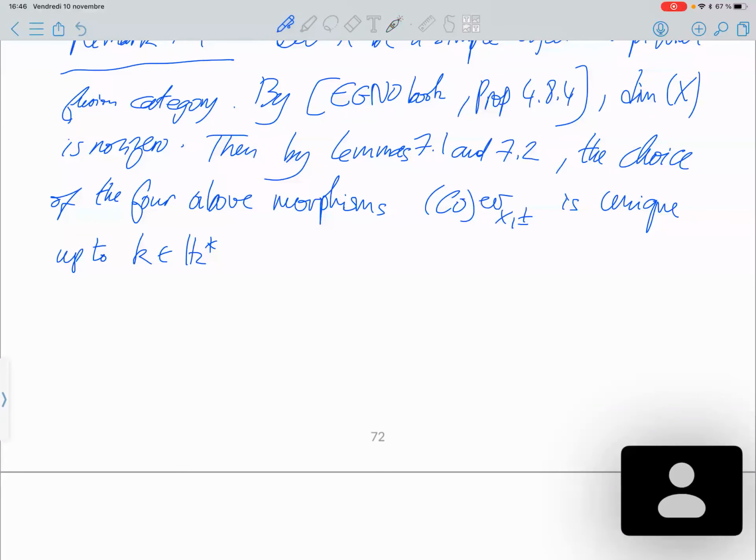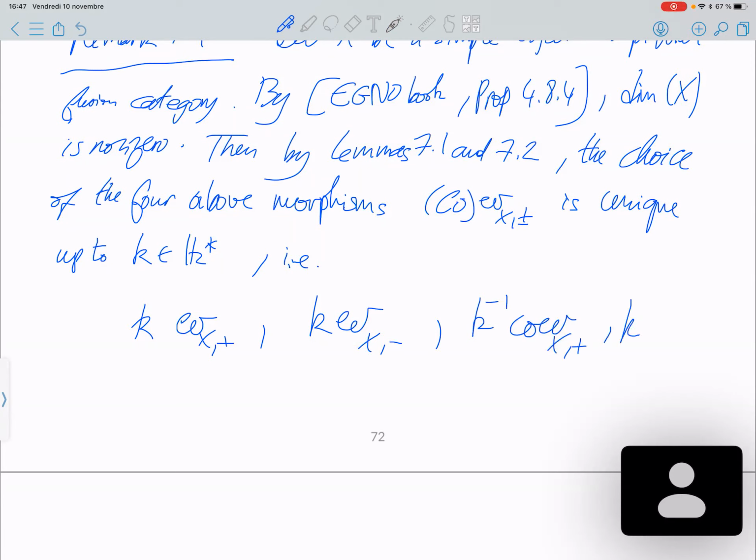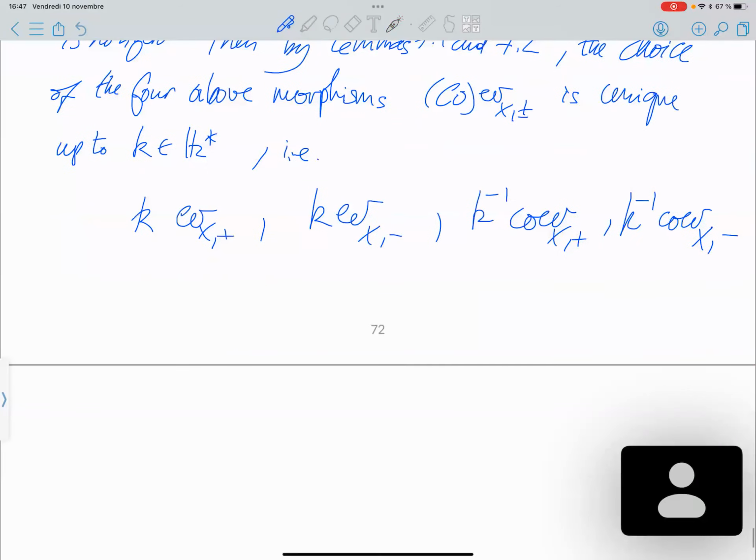So the only liberty you have is to do this: k times ev X plus, k times coev X plus, k inverse times ev X minus, k inverse times coev X minus. Okay, so this is a small remark perhaps we will use later, I don't remember.